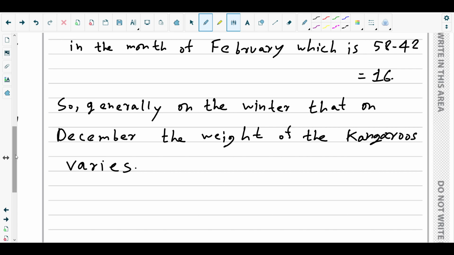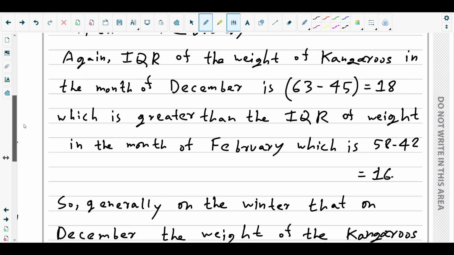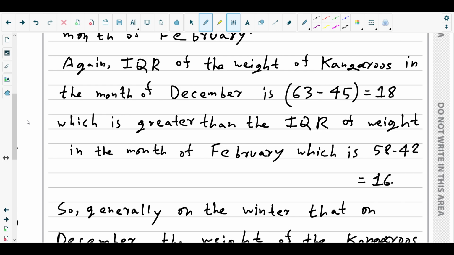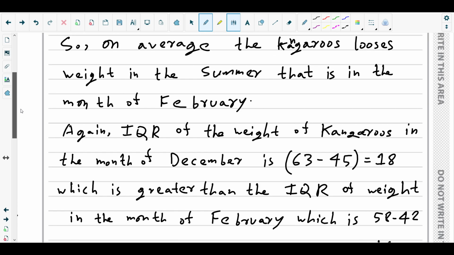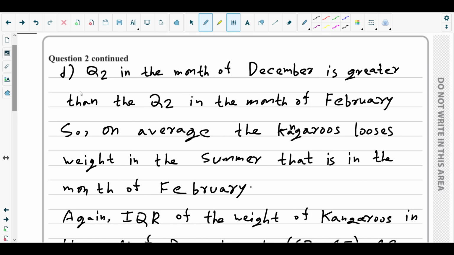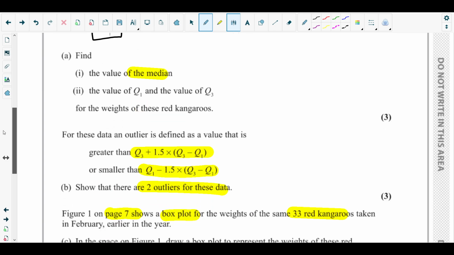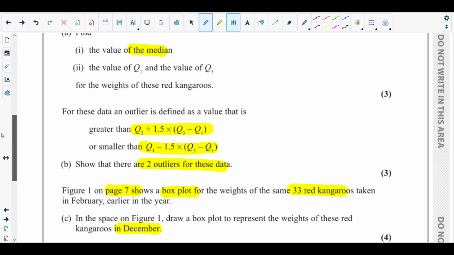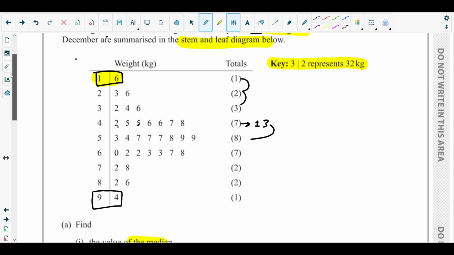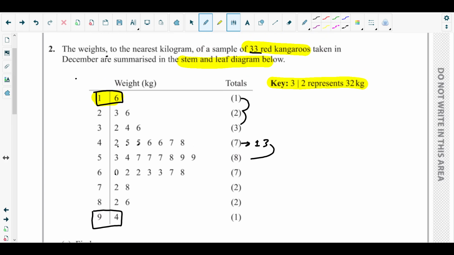I wrote it in a bit of an explanatory way. You can make it more concise, no problem, for 3 marks. So that was all about part D, and that's the end of question number 2 from the October 2023 Statistics 1 paper.